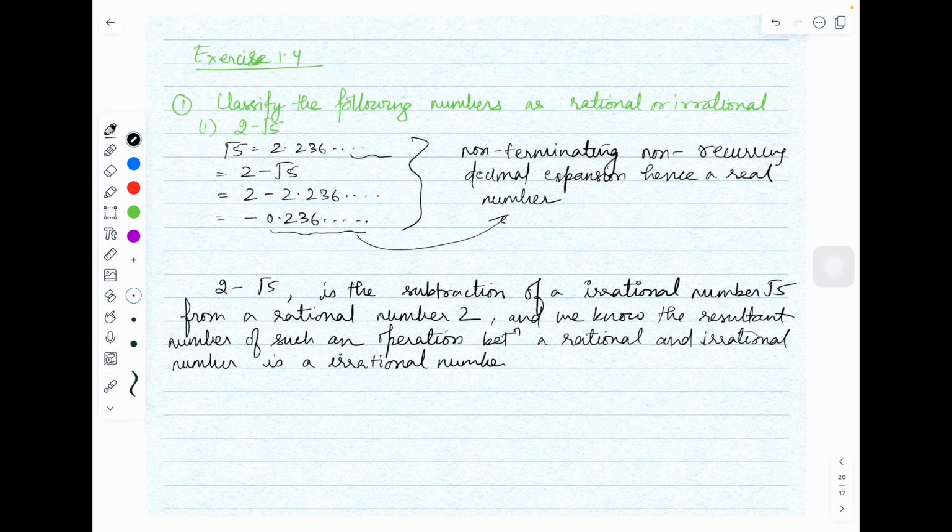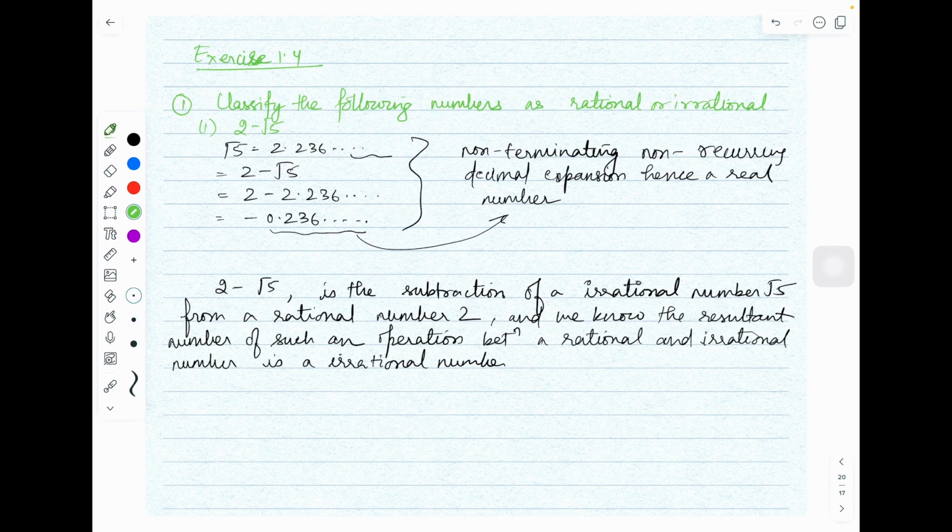See, 2 minus root 5 we are doing. We know that the subtraction or addition of a rational and an irrational number, 2 is a rational number, root 5 is an irrational number, will give an irrational number. Okay, we know that. So you can write this property directly.